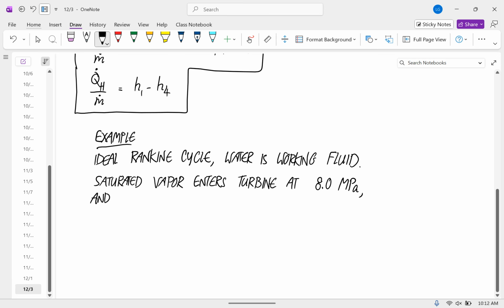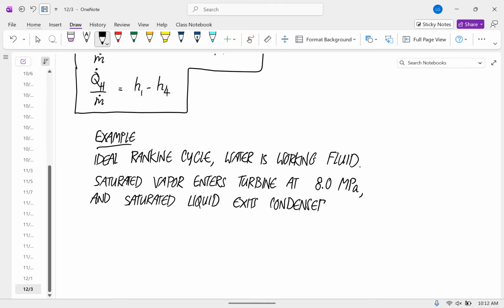And saturated liquid exits the condenser at 0.08 megapascals. The net power output from this cycle is 100 megawatts.